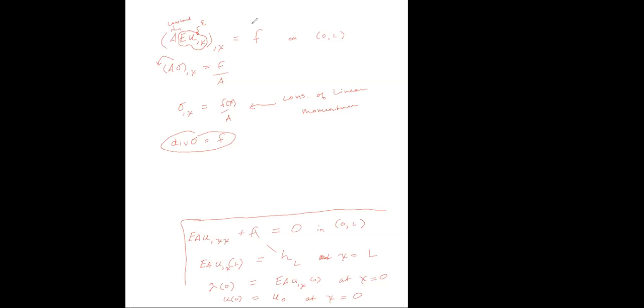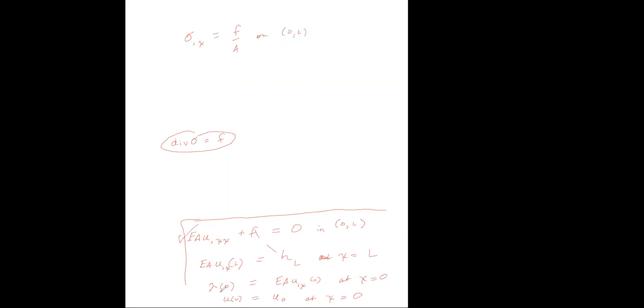So let's rewrite that up top now. Our weak form that came from our strain energy kind of miraculously is enforcing conservation of linear momentum. That's pretty cool. We have sigma comma x is equal to f over A on the domain 0 to L.